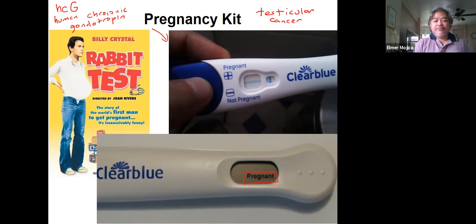And I don't know if you have heard about this cancer already, this part of the male. So that is the basis of this pregnancy test. And usually if you have a pregnancy test, it can give you the answer right away, right? What's the question that you have? Am I pregnant or not? So when you do the test, you will get this answer.